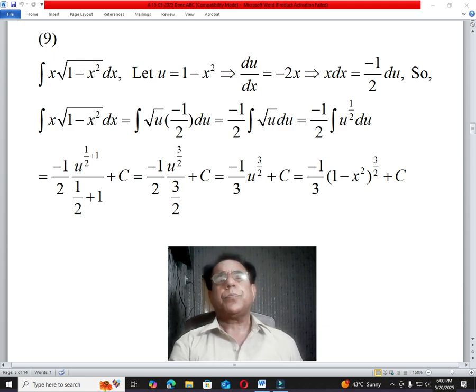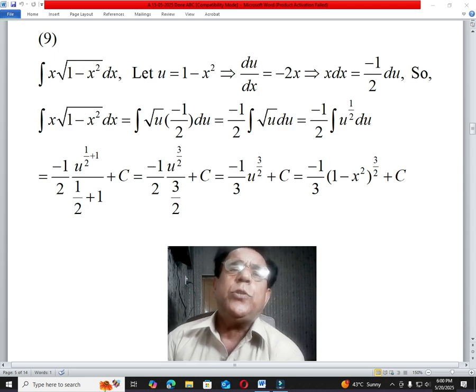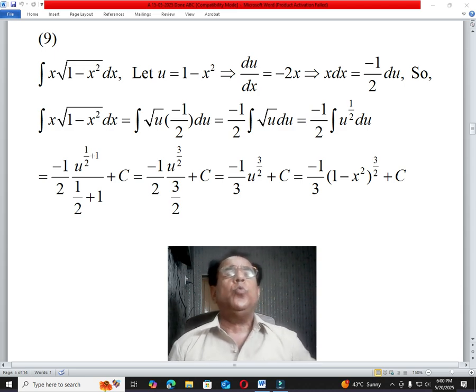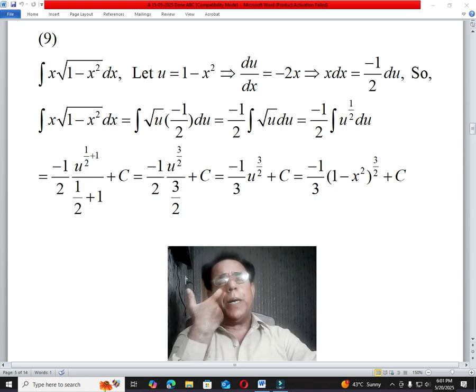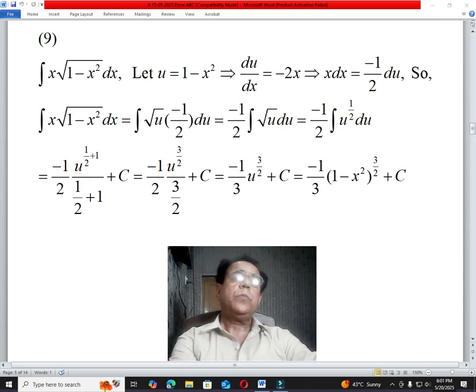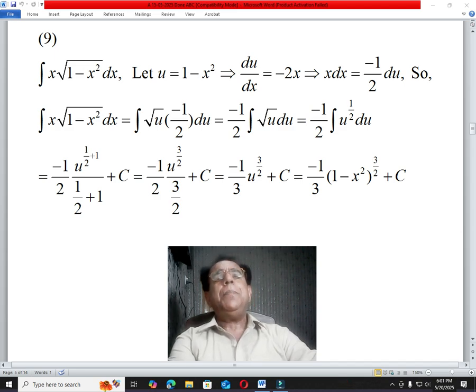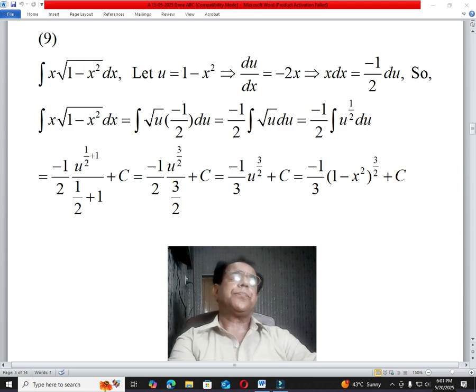So in this problem we will choose 1 minus x squared as u. Okay, u equals 1 minus x squared. When u is equal to 1 minus x squared, then du/dx will be equal to minus 2x, according to the power rule of differentiation, and from here x dx will be equal to minus 1/2 du, because in the statement x dx appears.